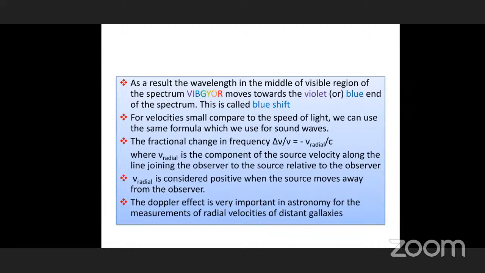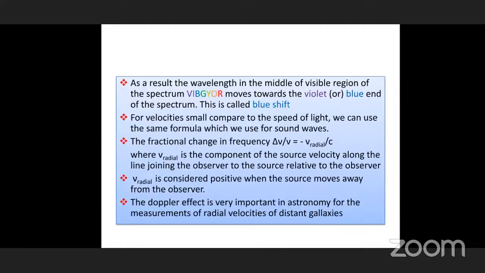We can easily calculate measurements of the velocity of distant galaxies, not only a particular star. Scientists tell us the galaxy is expanding. How do they tell it is expanding, that a new star is originated? By the study of this Doppler effect, which is very much useful in astronomy.